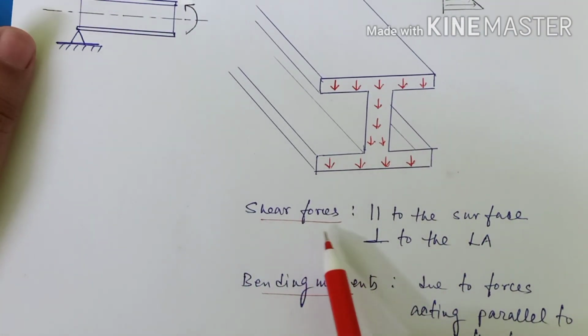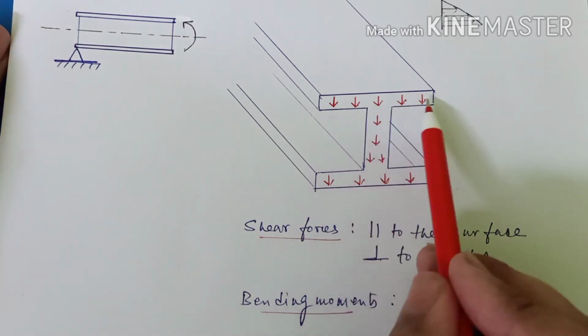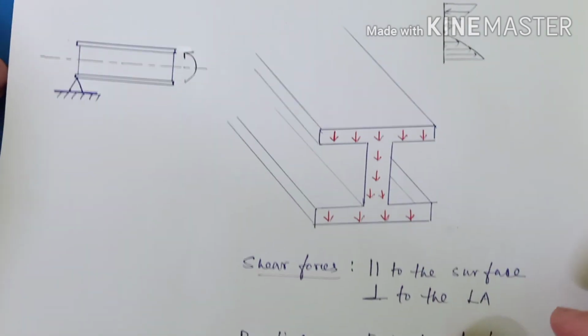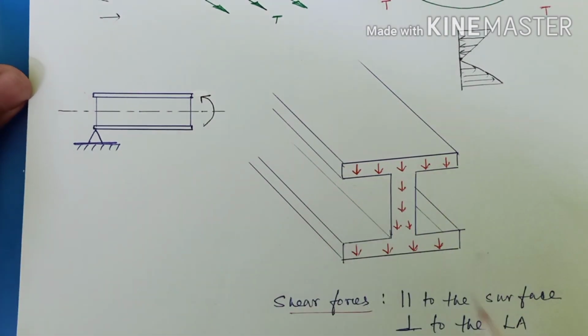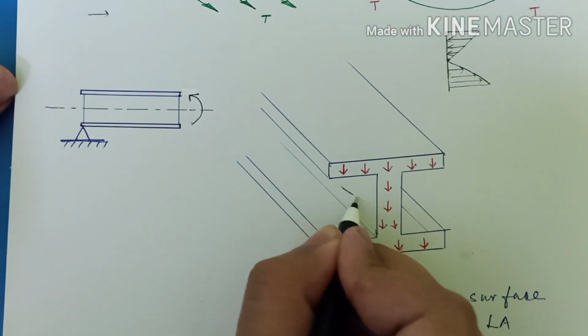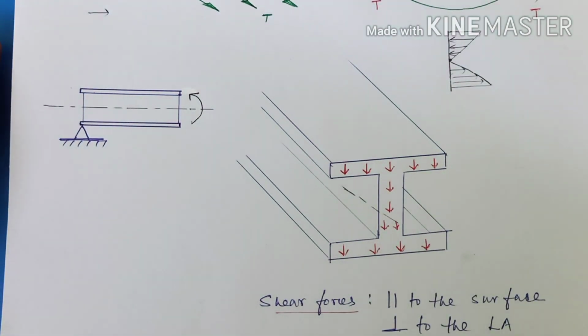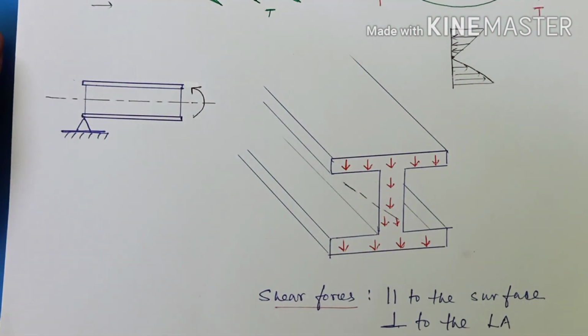Shear forces are forces which are acting parallel to the surface, perpendicular to the longitudinal axis. See, these are parallel to the surface and perpendicular. We have the longitudinal axis here, right? So basically these are perpendicular to the longitudinal axis, okay?